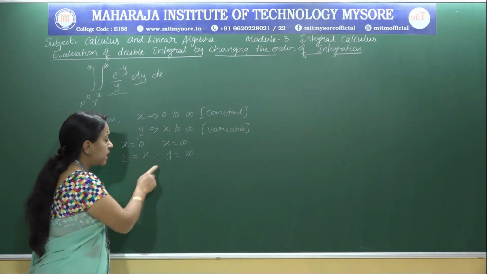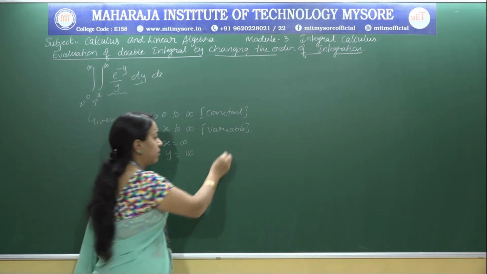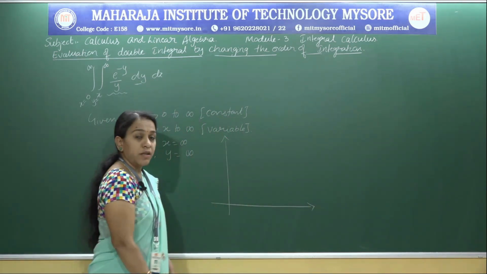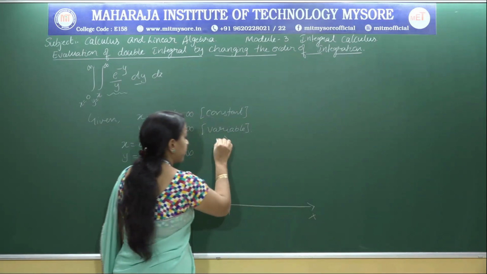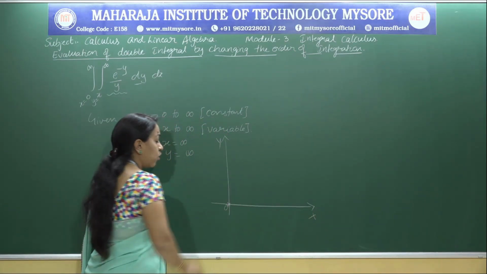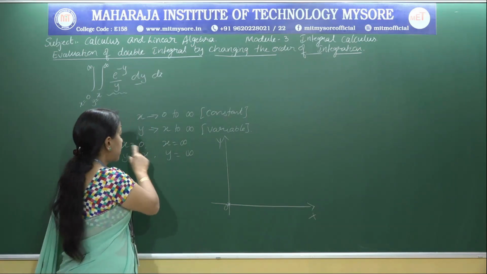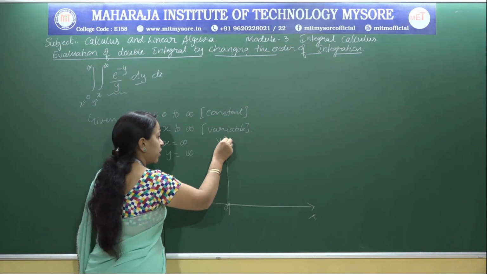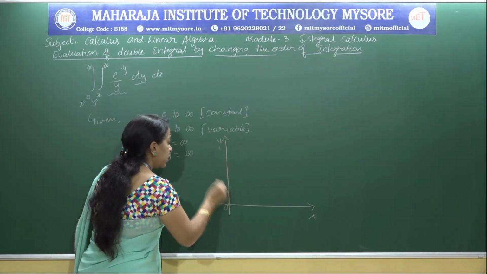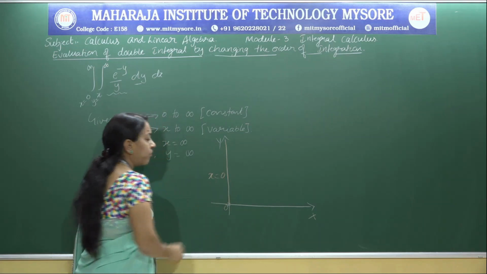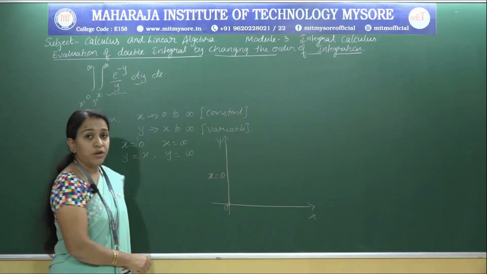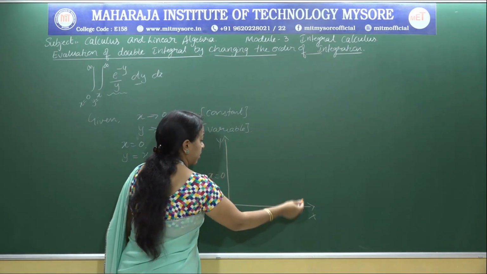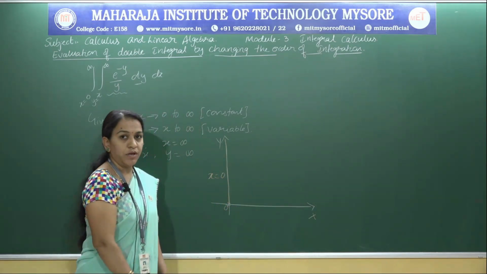Now, I can represent these curves in a coordinate plane, that is, the x and y axes, with the origin. So, x equal to 0 represents the y axis. Then x equal to infinity will be a line parallel somewhere far away. I cannot mark that x equal to infinity.